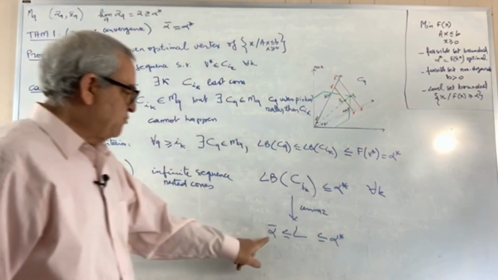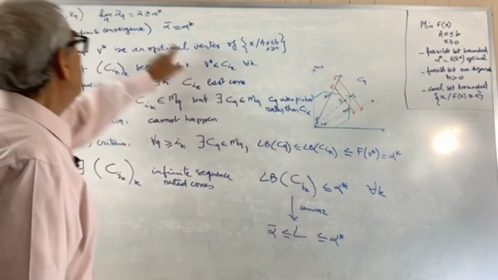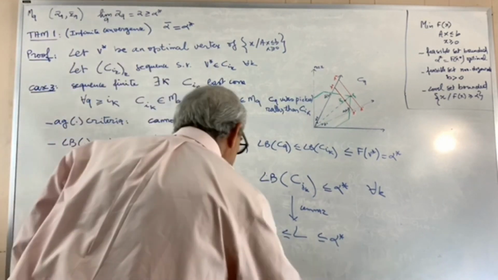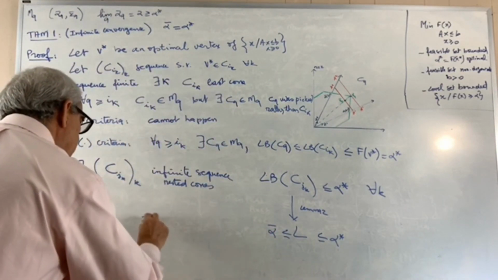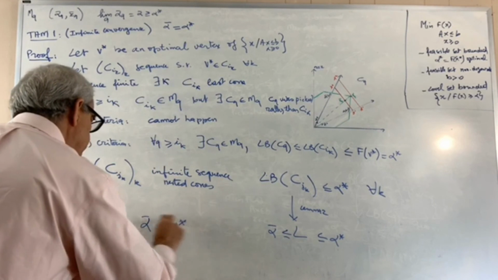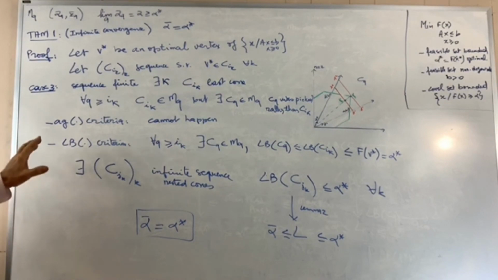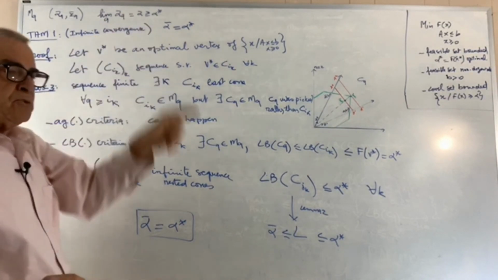So therefore, alpha bar is less or equal to alpha star, and alpha bar is greater or equal to alpha star, and therefore alpha bar equals alpha star. Okay, so in all cases we showed that the limit, this alpha bar, has to equal alpha star.